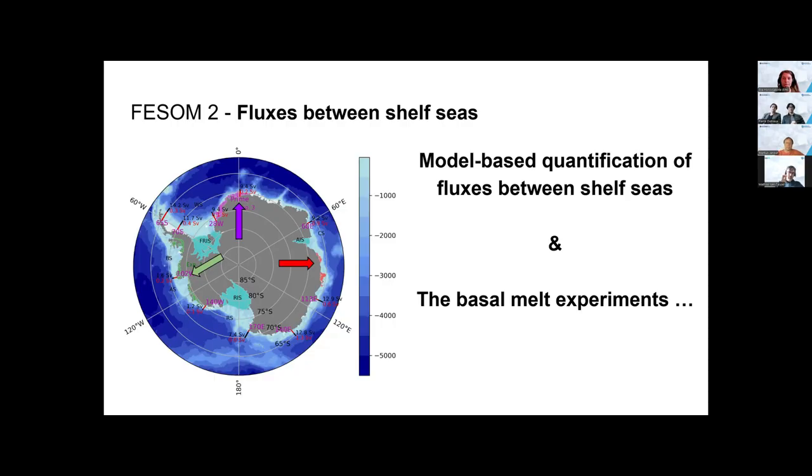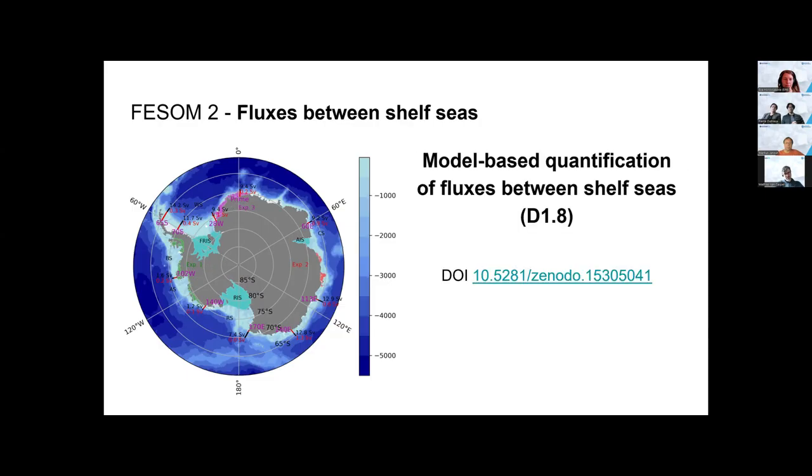One was removed in each experiment. The results of the experiments and all the results I mentioned before about the sections are published in deliverable 1.8 from Ocean Ice, but in the interest of time, I'm not going to discuss them here.